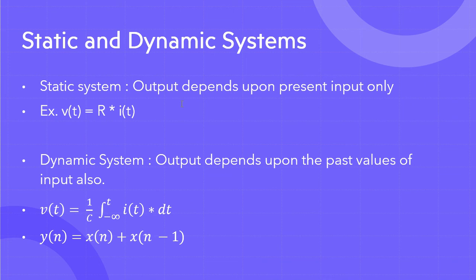It indicates that your system might probably be a dynamic system, right? And that was for the continuous time signal. For discrete time systems, what do we see? We see if the value of my signal has a minus or plus, like here we had n minus 1, right? So that was the static and dynamic behavior of my system.